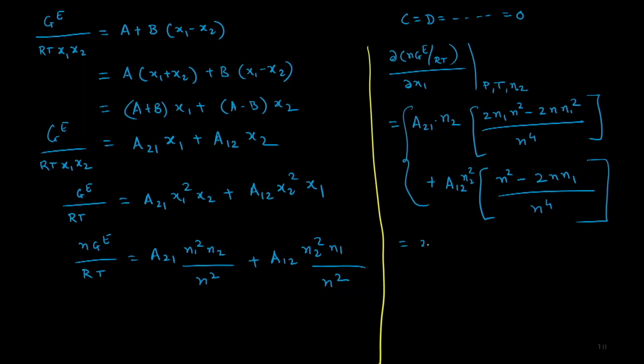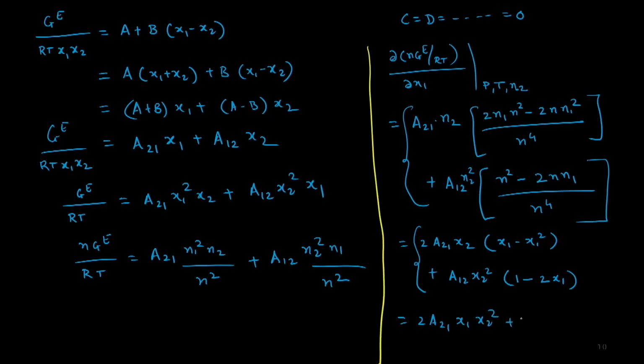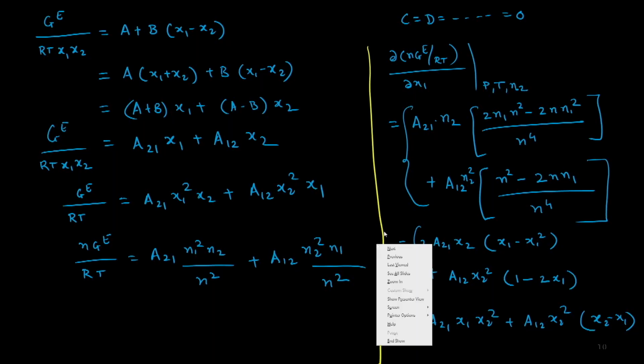So this will be 2 A21 x2 multiplied with x1 minus x1 squared plus A12 x2 squared multiplied with 1 minus 2 x1. So this will be 2 A21 x1 x2 squared plus A12 x2 squared multiplied with x2 minus x1, right? So that will be the derivative of nGE by RT with respect to n1.